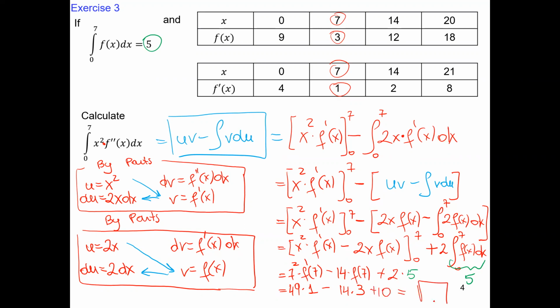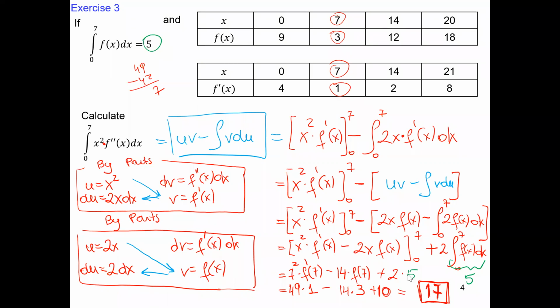I think I have to do the arithmetic in my head. 49 minus 14 times 3, 42. I have to subtract. This will be 7. 7 plus 10, 17.